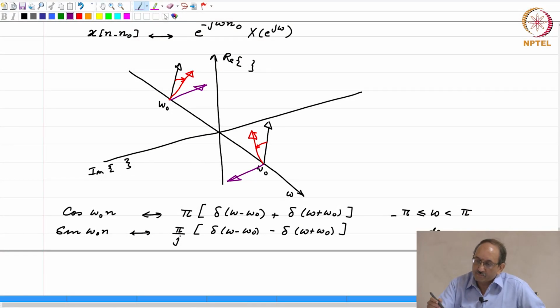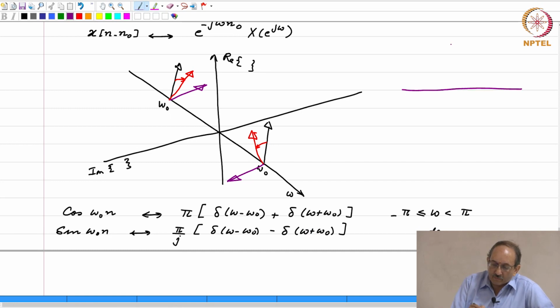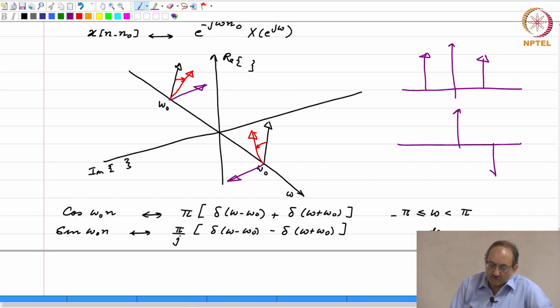They are now completely lying in the imaginary plane, right. So that again you see from this expression. Therefore, for cosine, you would have seen impulses like this, and for sine you would have seen impulses like this, correct.